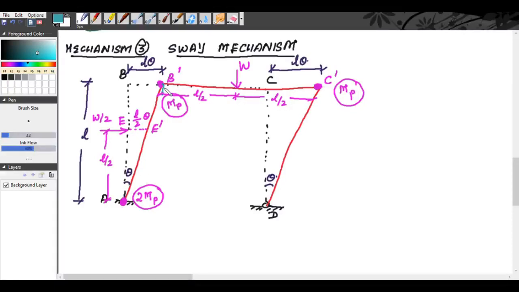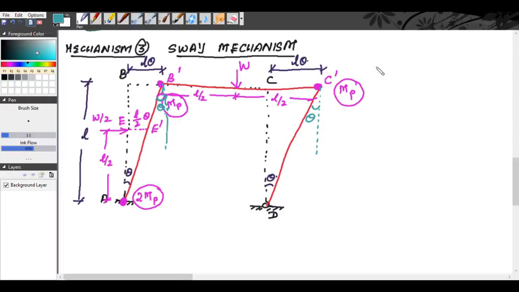You draw a perpendicular line. So this angle will be equal to theta, perpendicular to this. Okay, this is theta, so this will be theta. Here also you can draw a perpendicular line. So this angle will be equal to theta.